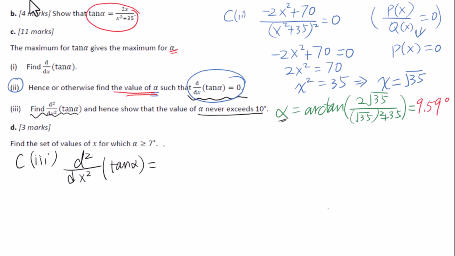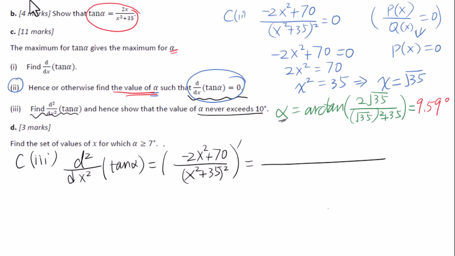equals derivative of negative 2x squared plus 70 over x squared plus 35, squared, prime.